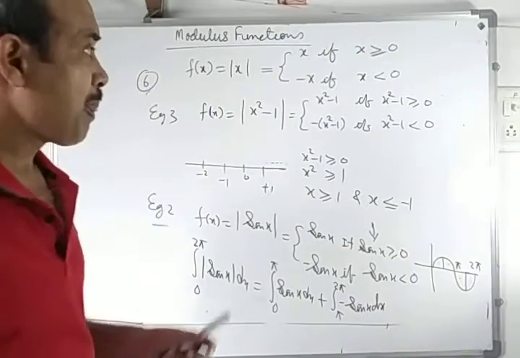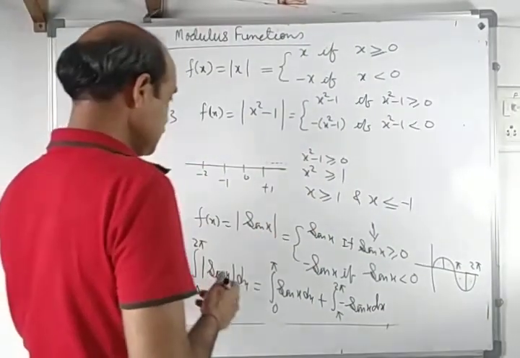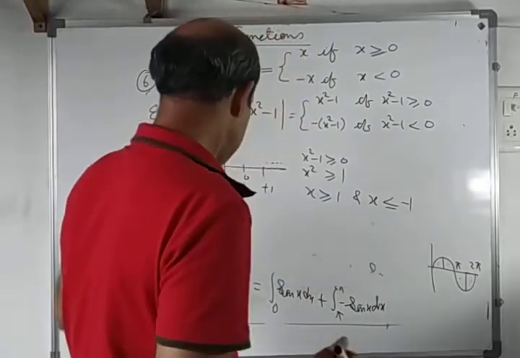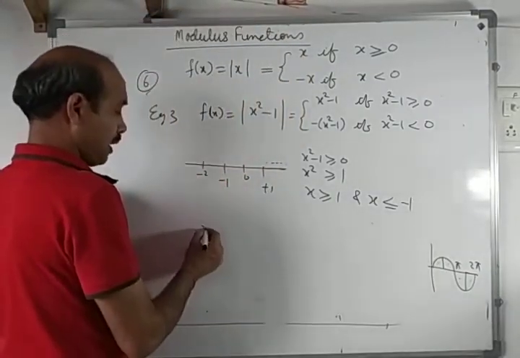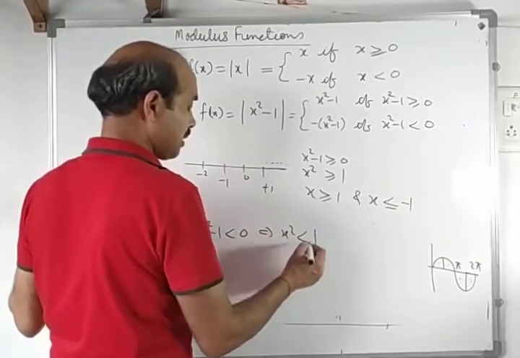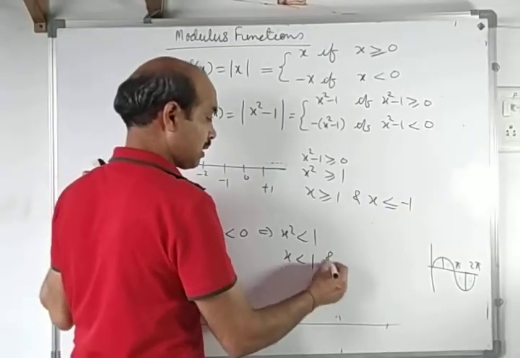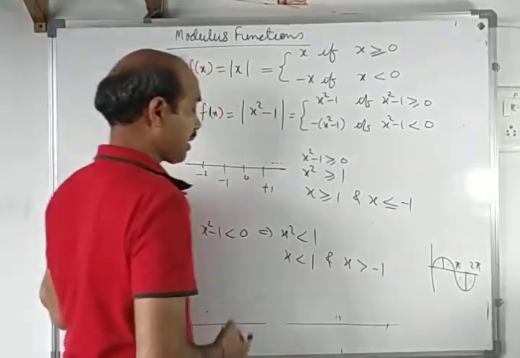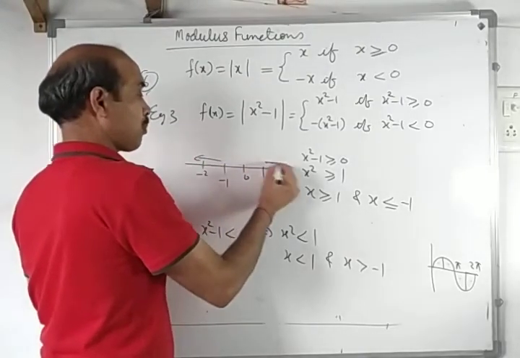In the same way, if you want to go for negative, x square minus 1 less than 0 means x square less than 1. So x will be less than 1 and x will be greater than minus 1. It means this interval, because the other two are for positive.